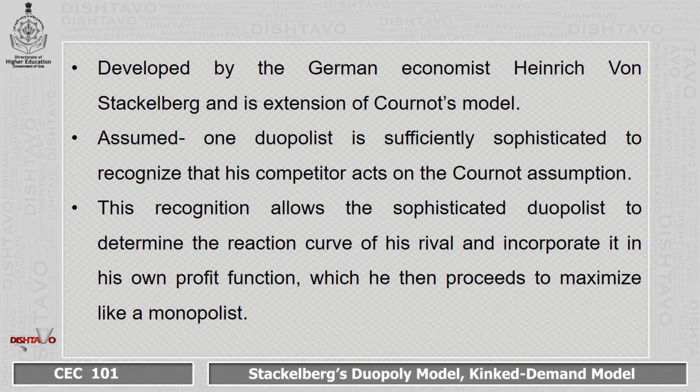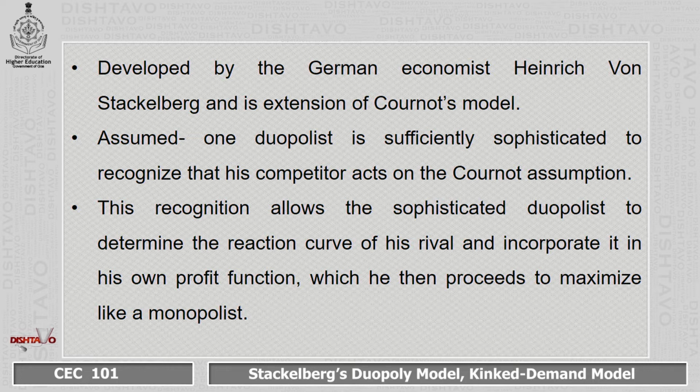Students, this Stackelberg model was developed by the German economist Heinrich von Stackelberg and is an extension of Cournot's model. There are certain assumptions that should be kept in mind. One, the duopolist is sufficiently sophisticated to recognize that his competitor acts on Cournot's assumption, that is, naive behavior.